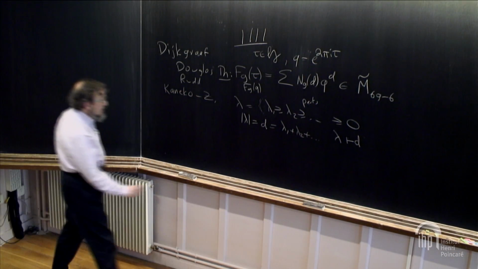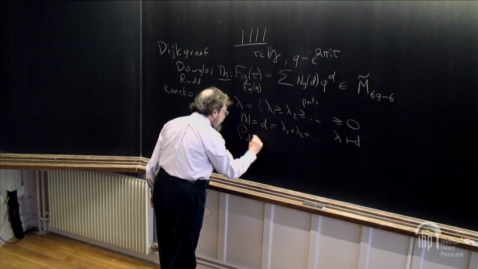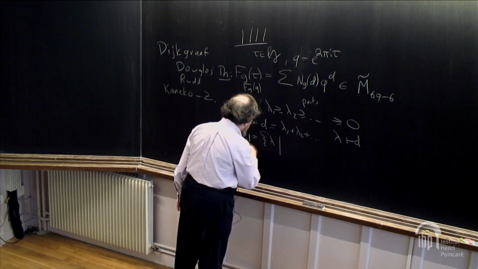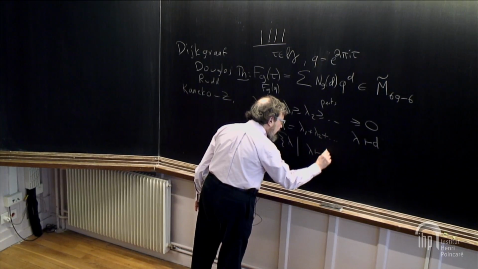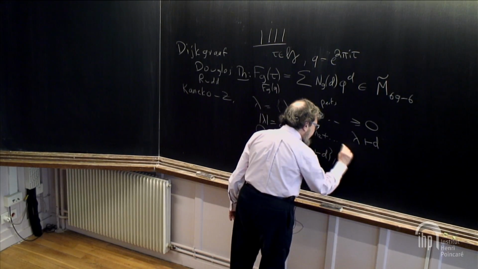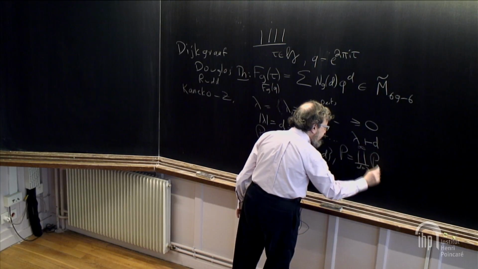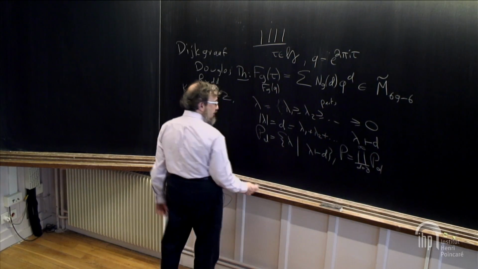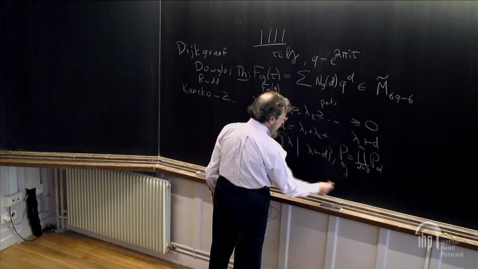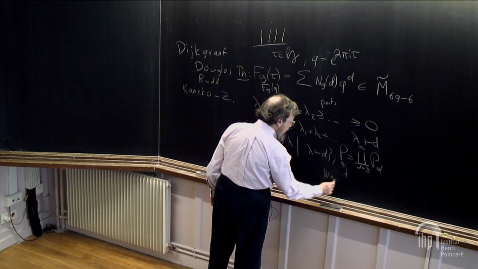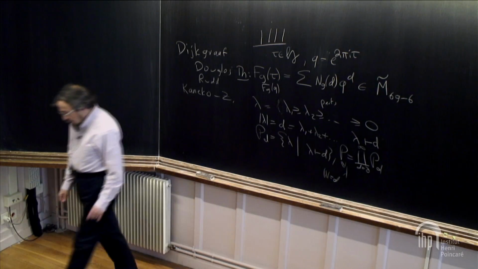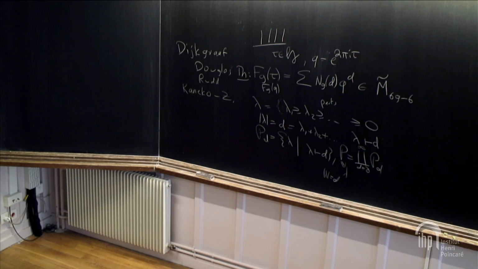So the set of partitions of d I'll denote by script P_d. And the set of all partitions simply by P. So every partition, this is just all partitions, and each partition has some size d, and then belongs to that P_d. OK, that's just for notation.